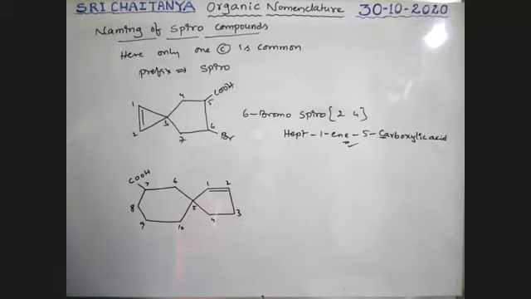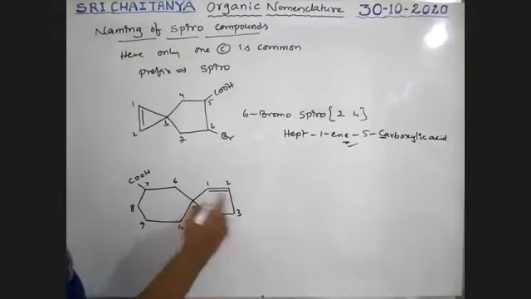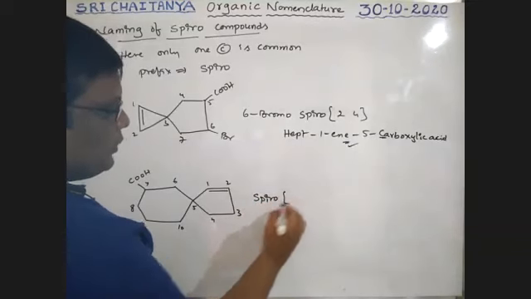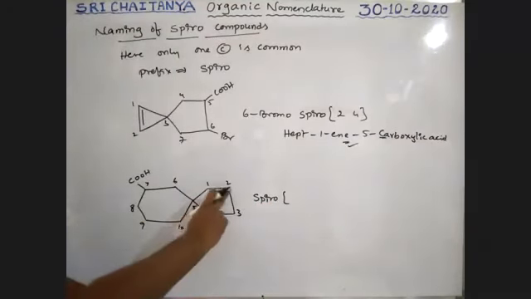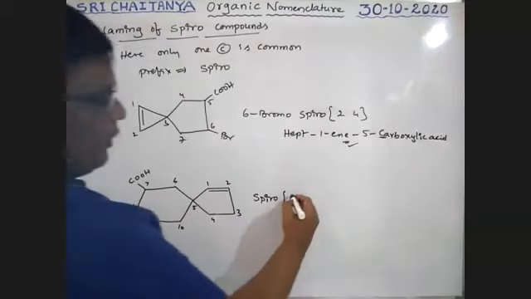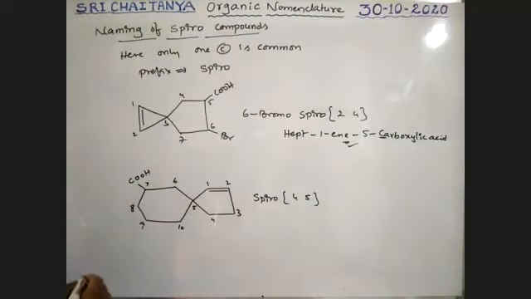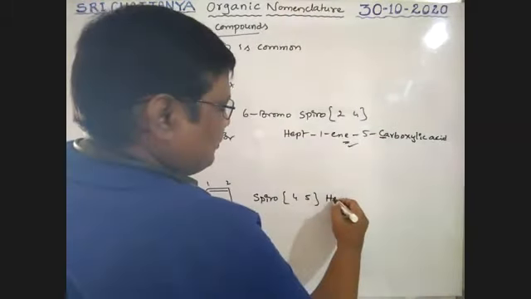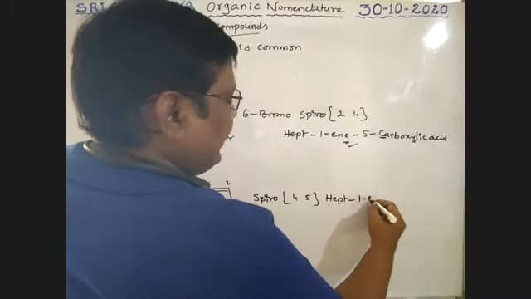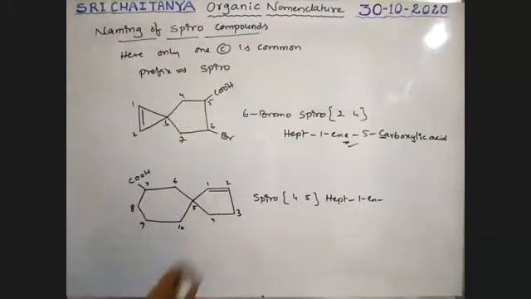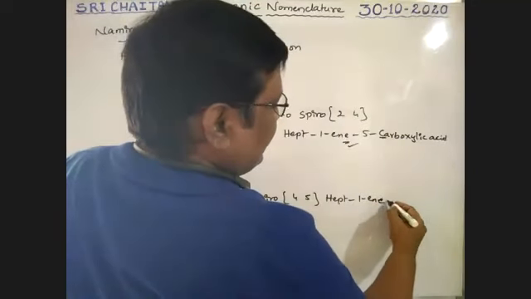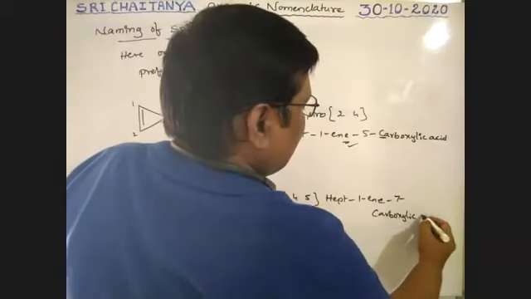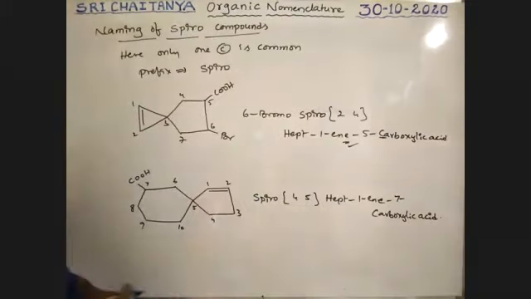Therefore, the name of this compound is spiro[4.5]hept-1-ene-7-carboxylic acid.